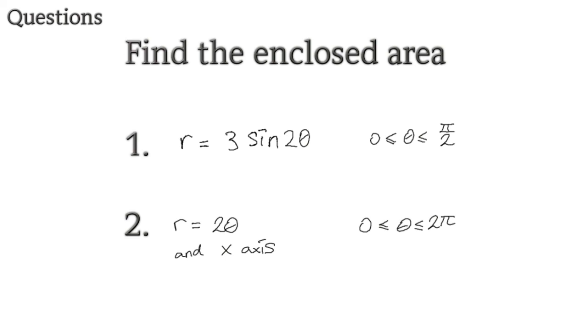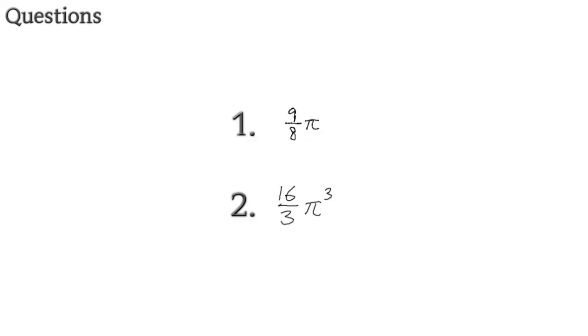You have 5 seconds to pause the video and take a look at how to do these, and I will show you the answer in 5, 4, 3, 2, 1. And the solutions are shown right here. The first one is 9 on 8 pi, the second one is 16 on 3 pi cubed. Make sure you leave your answers in exact form, because decimals might be penalized.